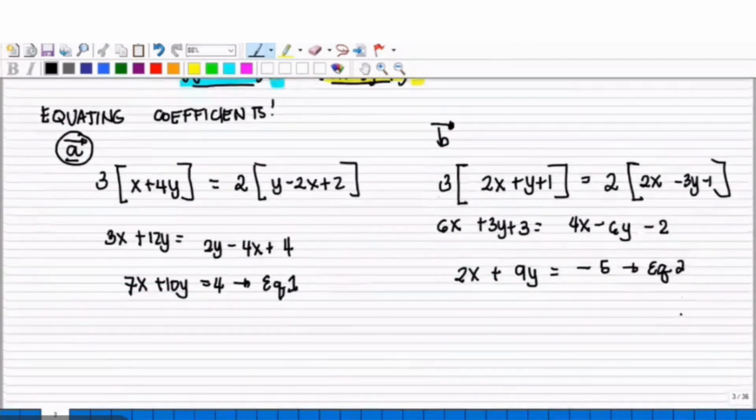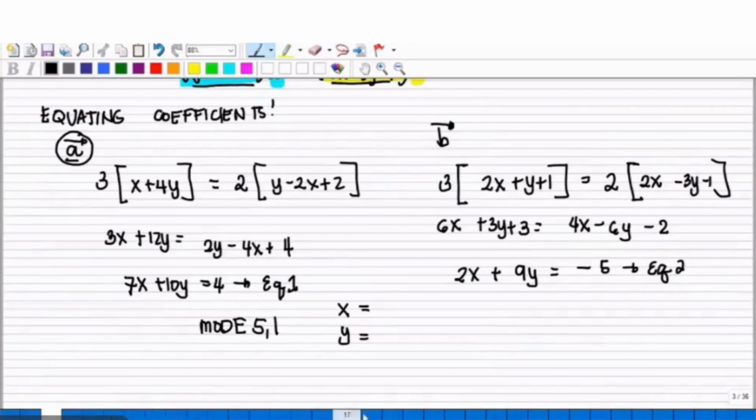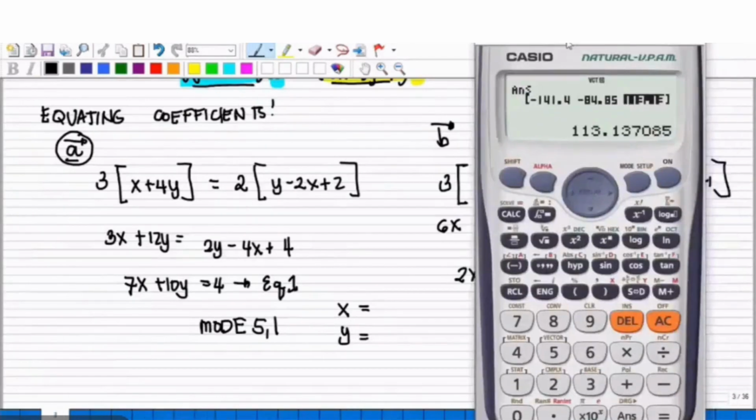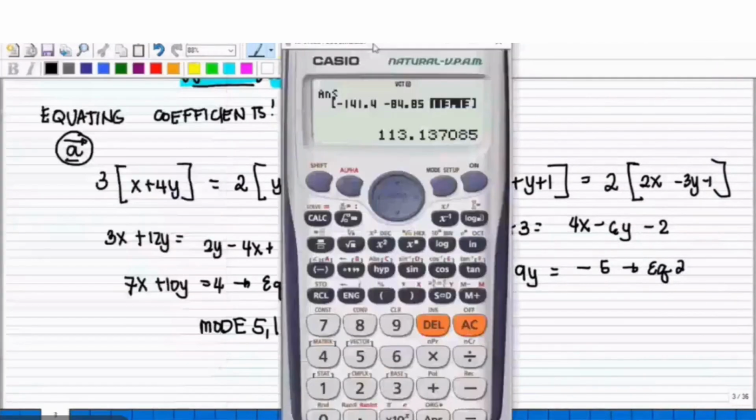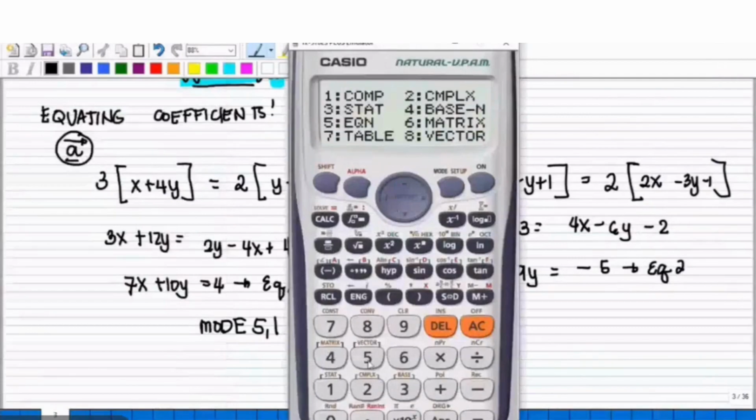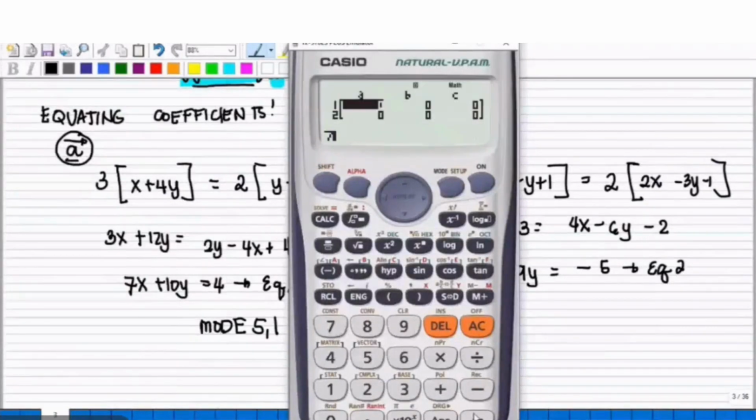Okay? Makukuha na natin yung desired unknowns natin, which is yung x at saka yung y. So, this is by using mode 5-1. Mode 5-1, 2 equations, 2 unknowns. Okay? So, this is 7, then 10, then equal to 4.